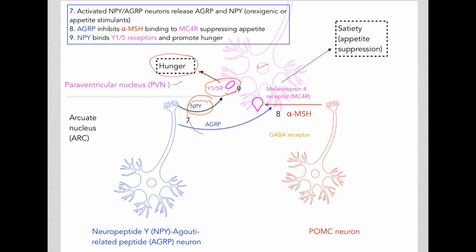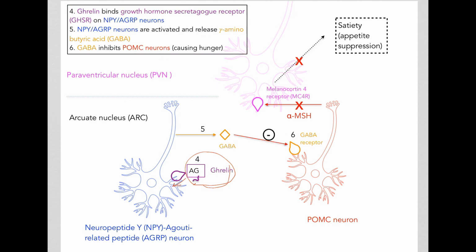So both these chemicals will promote hunger when ghrelin binds to the NPY-AGRP neurons, which releases NPY as well as AGRP.